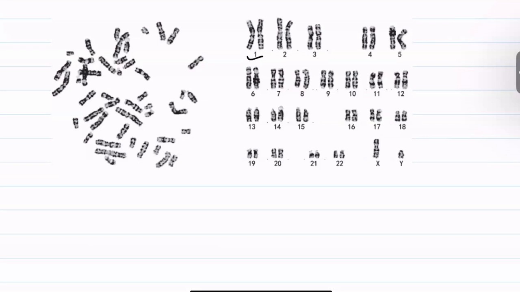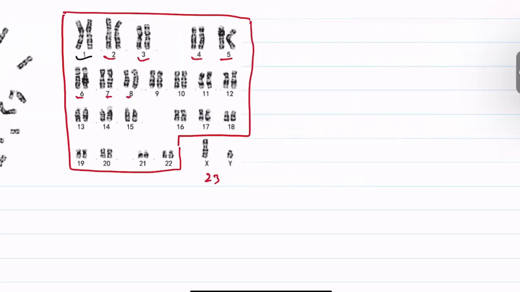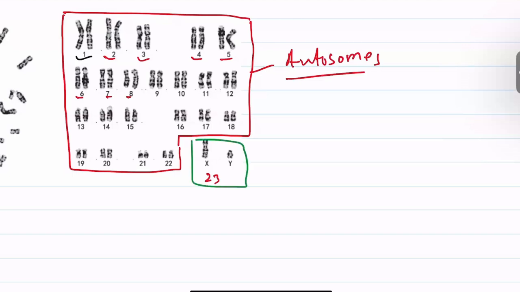This is pair 1. This is pair 2. This is pair 3. This is pair 4, pair 5, 6, 7, 8, and so on up to 23 pairs. These 22 pairs are always homologous, and are known as autosomes. Whereas this last pair may be heterologous, as it is seen here.